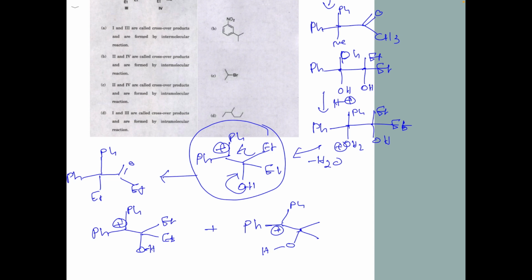The intermolecular migration will take place between these two carbocations when the OH bond cleaves. When the OH bond cleaves like this, the ethyl group will migrate here. When this OH bond cleavage happens, this methyl group will migrate to this carbocation.